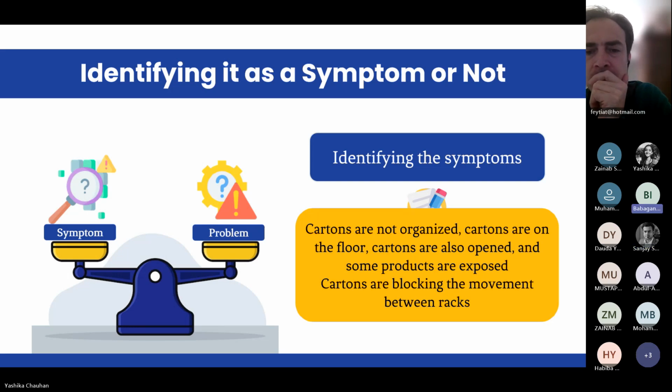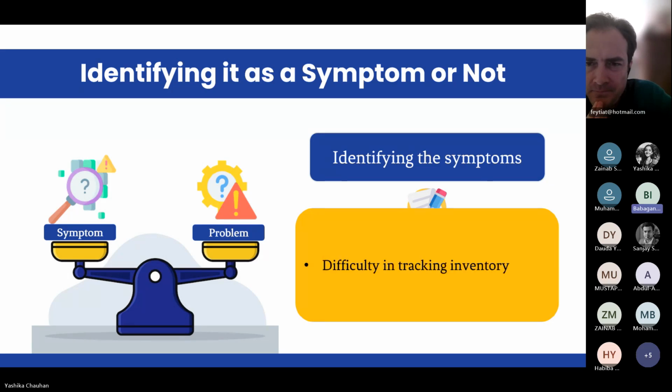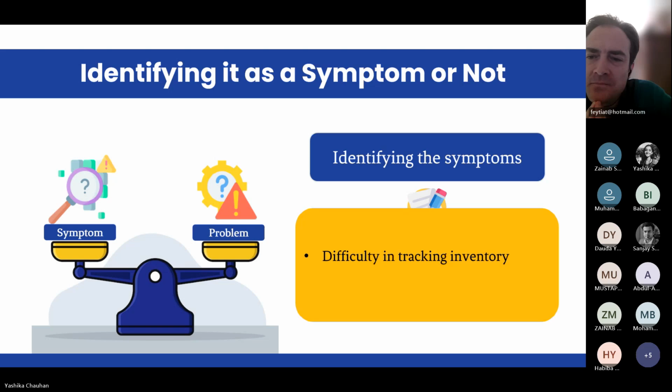Okay, we mentioned 5 different symptoms. One of the symptoms was difficulty in tracking inventory. Two, inadequate space utilization. Three, poor product visibility.